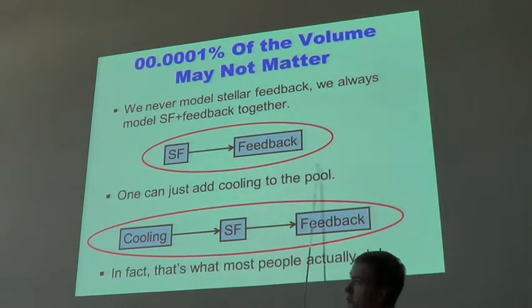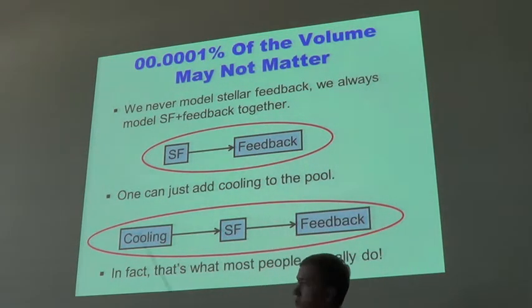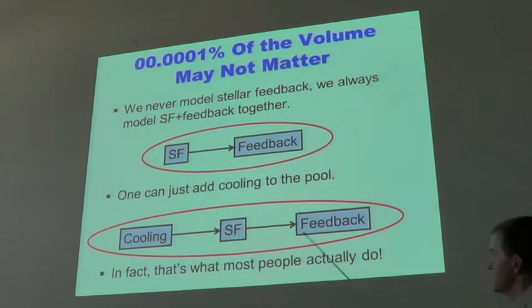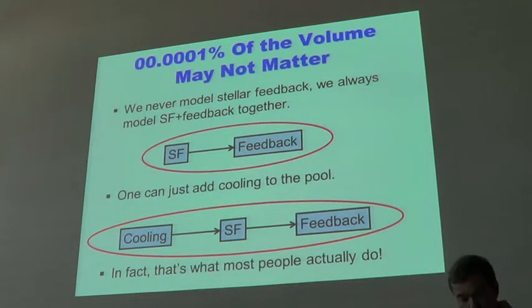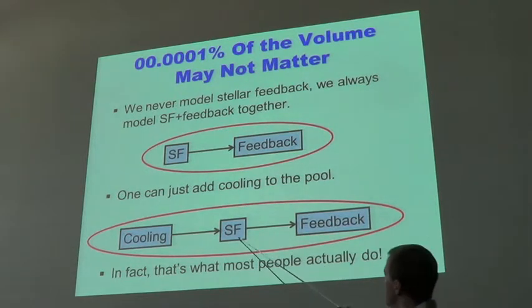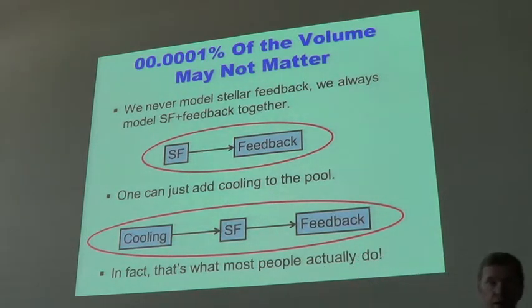But if you follow this logic, you can actually add cooling here and try to model everything together. In fact, that's what we actually do. So most galaxy formation simulations nowadays assume a cooling function from the cosmic background, but it's a fixed cooling function, which doesn't depend on local radiation fields. Then we do star formation, we run and do the feedback, and we try to make sure the galaxies look reasonable.